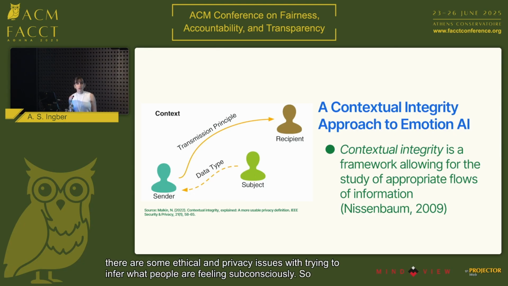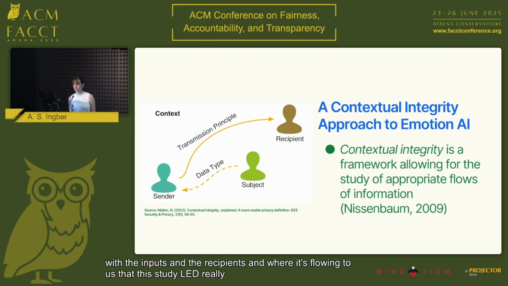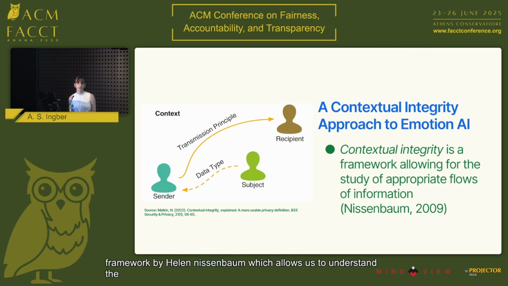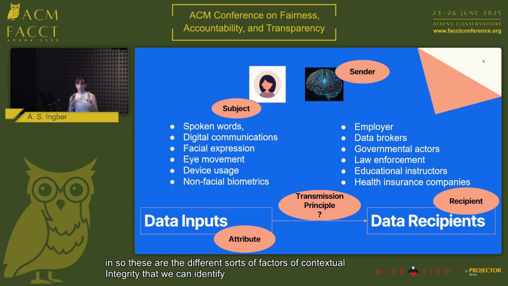So since there are these moving pieces of emotion AI, with the inputs and the recipients and where it's flowing to, this study led really nicely to a contextual integrity approach. Contextual integrity is a framework by Helen Nissenbaum which allows us to understand the appropriate flows of information dependent on different pieces, which I'll get into on the next slide. These are the different factors of contextual integrity that we can identify through emotion AI.